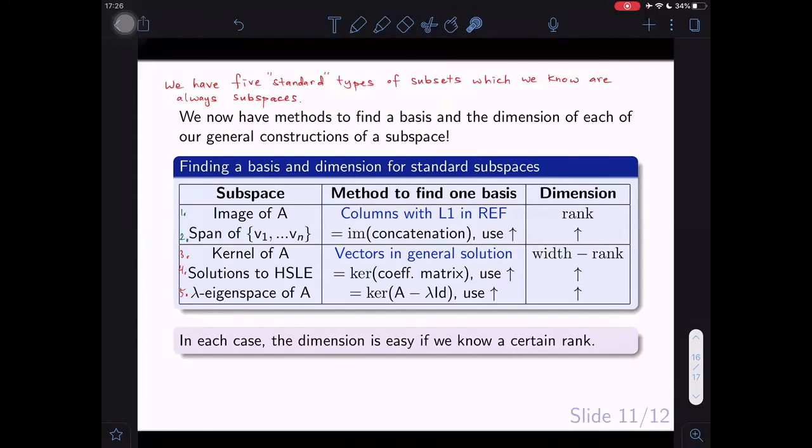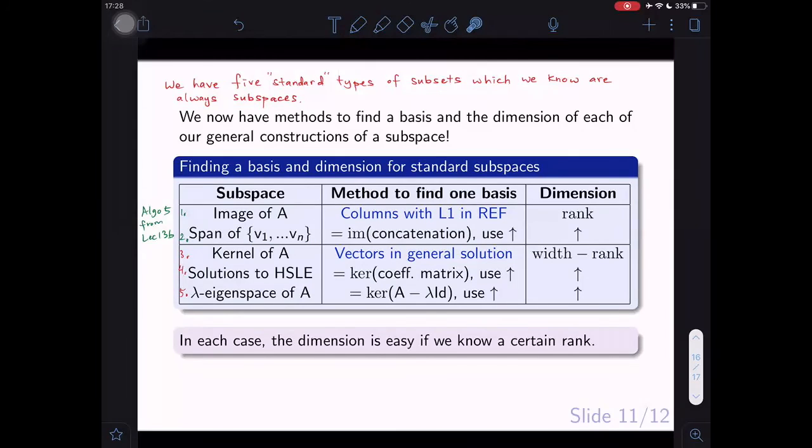We will now give a summary on methods and formulas we have done so far. We have 5 standard types of subsets, which we know are always subspaces. The first two are the image of a matrix and span of column vectors. We have seen that these are the same thing. The column vectors here can be turned into a matrix.